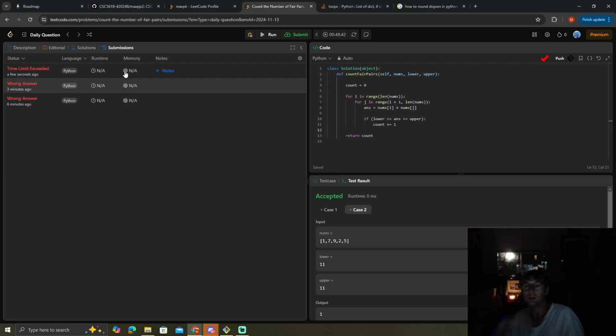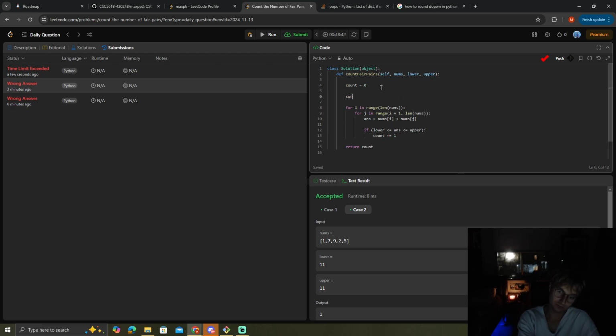So I guess we're going to have to optimize this. It says here we can use a two-pointer approach: sort the array, use two pointers and count the number of valid pairs.